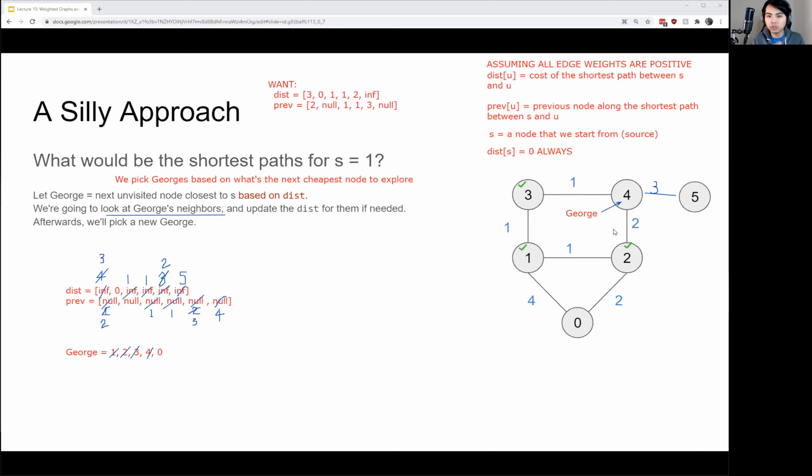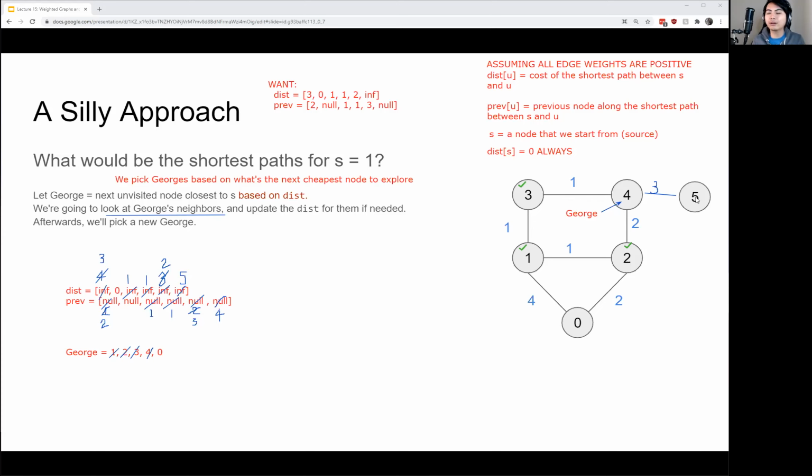And it turns out, and we'll talk about this later in review, that the way that Dijkstra's and this approach looks at Georges, the ordering in which we look at Georges, allows us to guarantee that the smallest node will always have the shortest path. The next path that we pick will always not need any updating afterwards, right?